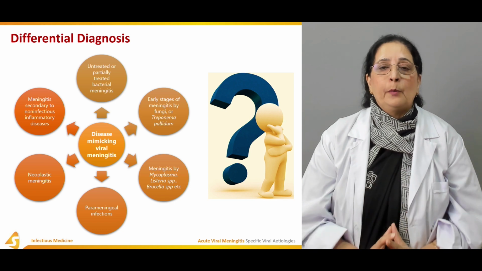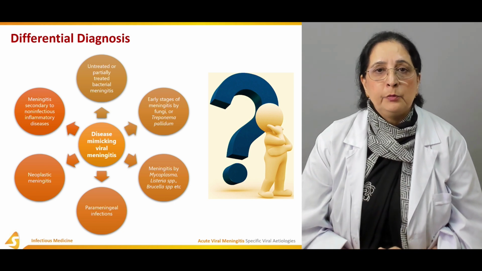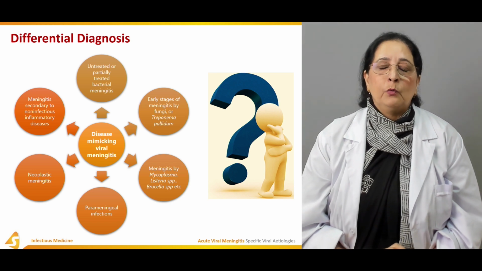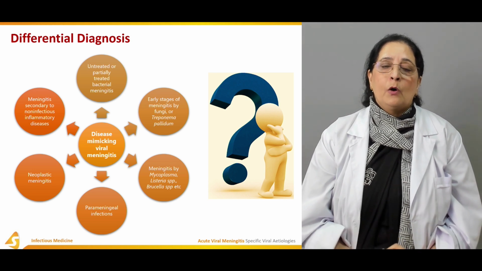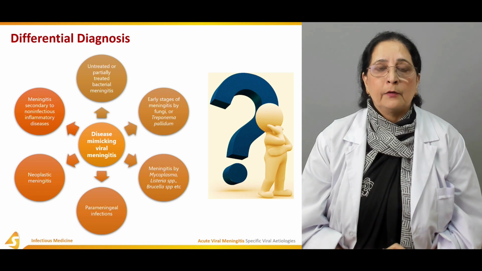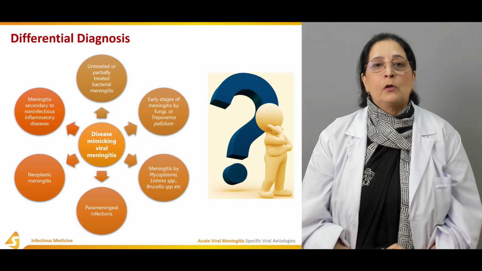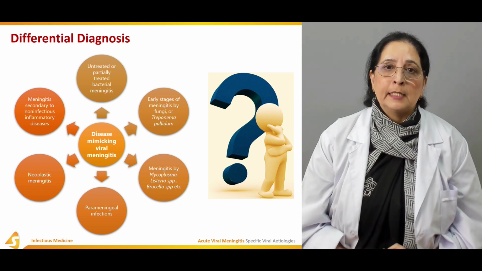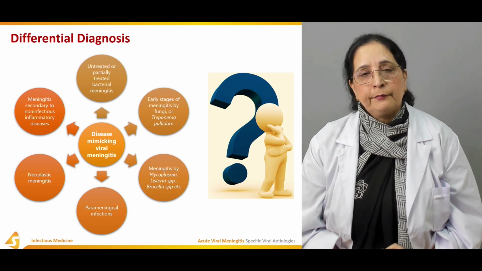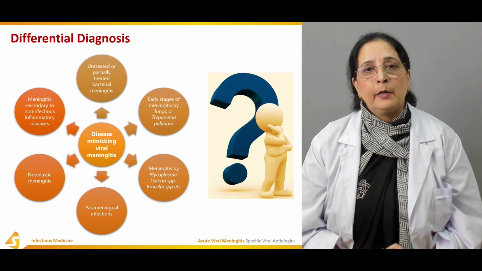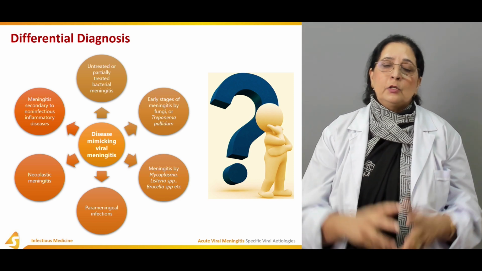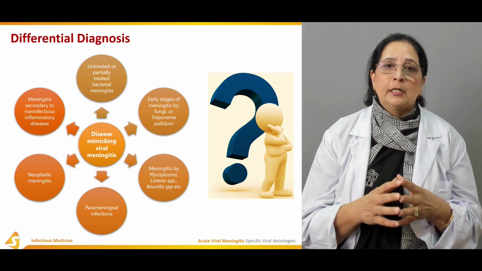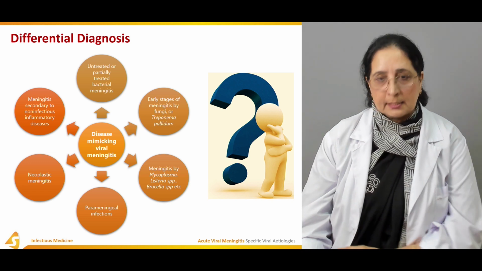To treat the patient properly, we need to accurately know what the diagnosis is, or what the cause of the meningitis is. We should differentiate viral meningitis from all these different conditions so we can properly manage the patients.